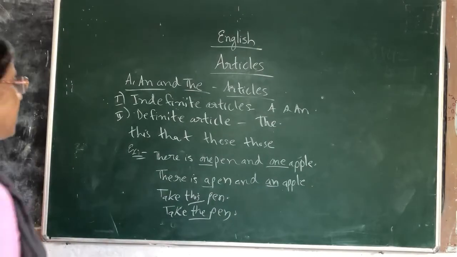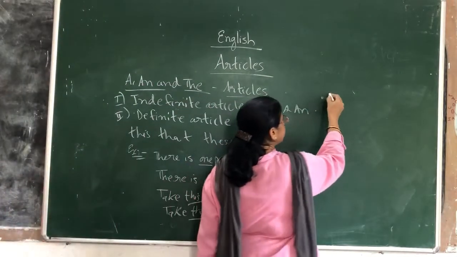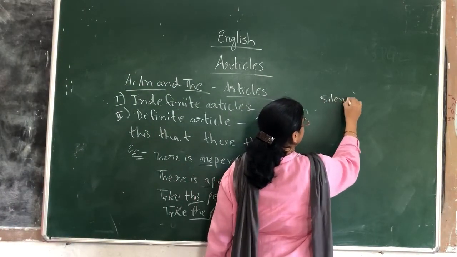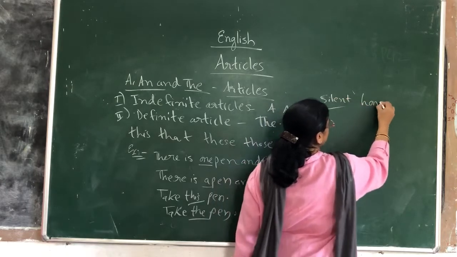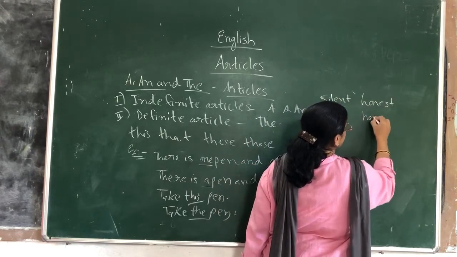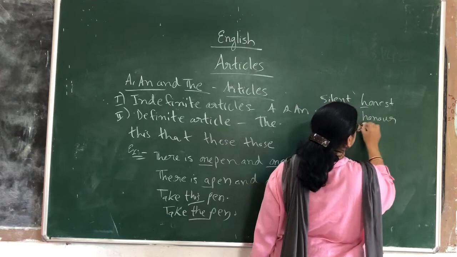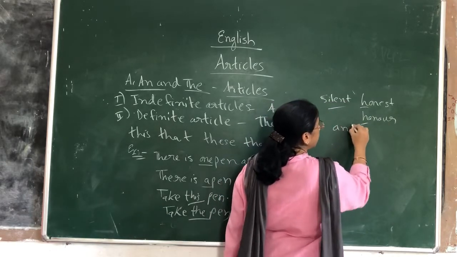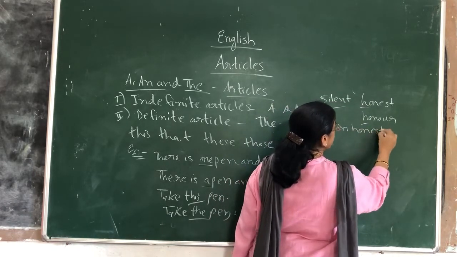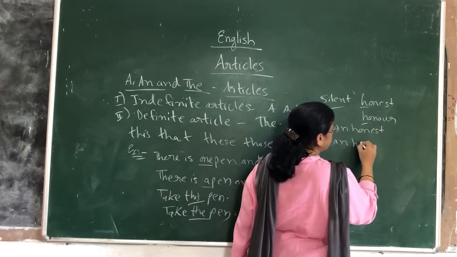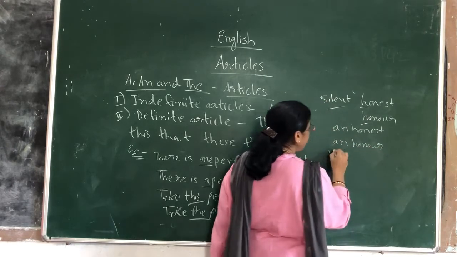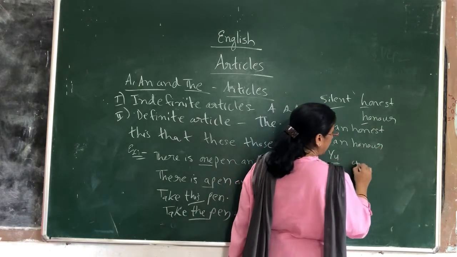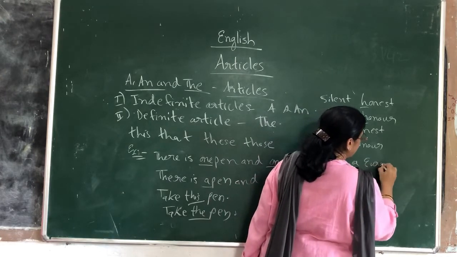Just now I mentioned some words, like silent words. If the word is silent, like honest, okay? Honor. What should we use? H is silent here. An honest, an honor. Like this you should use. In the same way, the U sound is used: a European. Why?